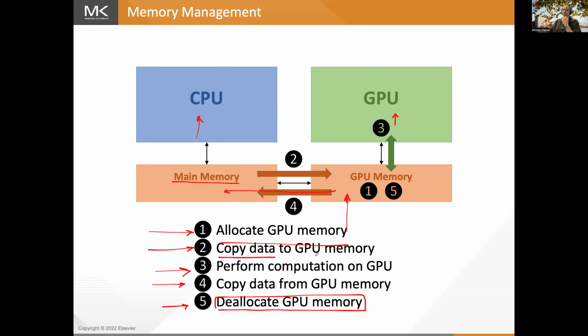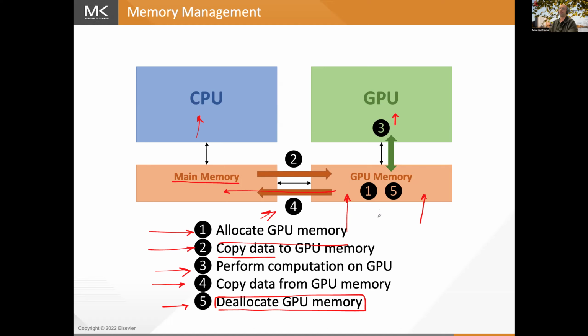As you can probably guess, there are a lot of optimizations that you can do here. So you can probably reduce this transfer because they are time consuming. And one other optimization that you can do is to keep the data in the GPU memory as much as possible to reuse. But we are not going to talk about these things.